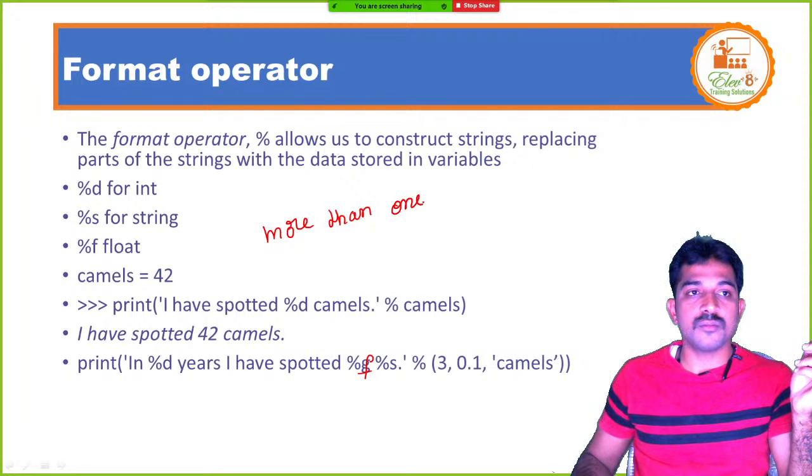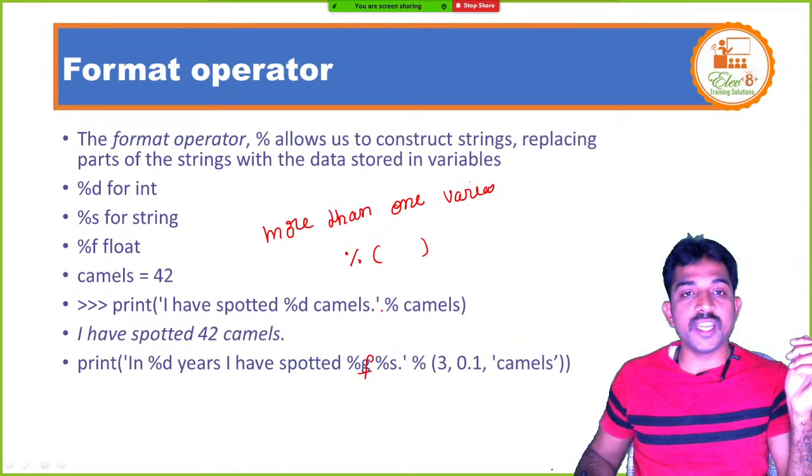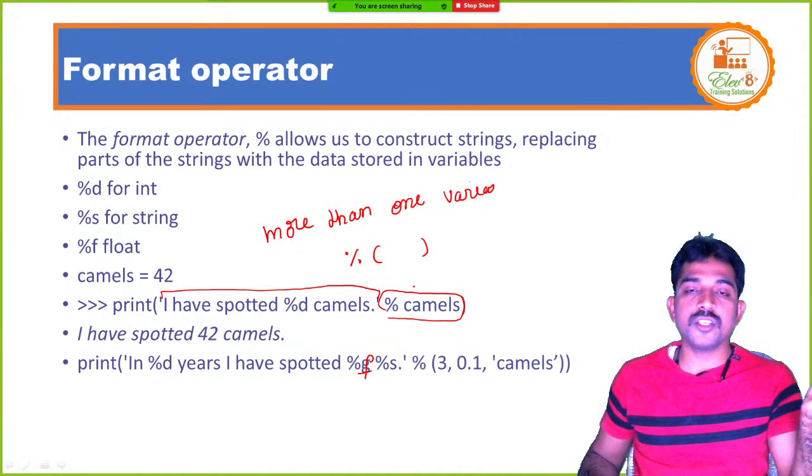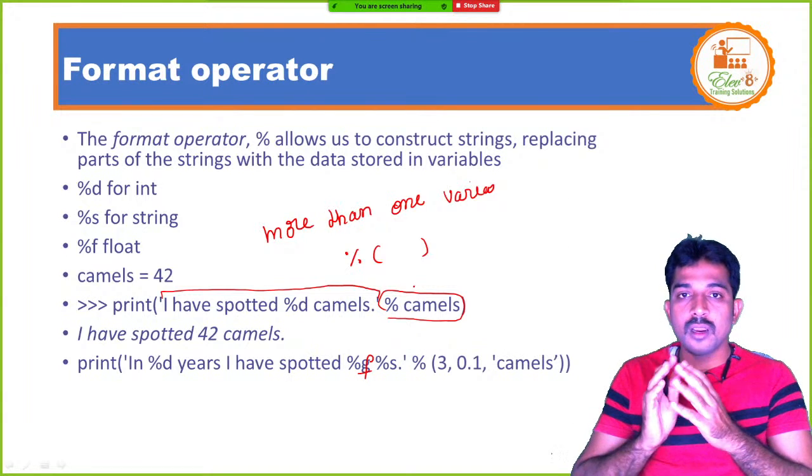Don't use any comma between the string and the percent sign. Please note, I'm not using any comma. After the end of the string, I simply write the data which I am going to print. Is this clear?